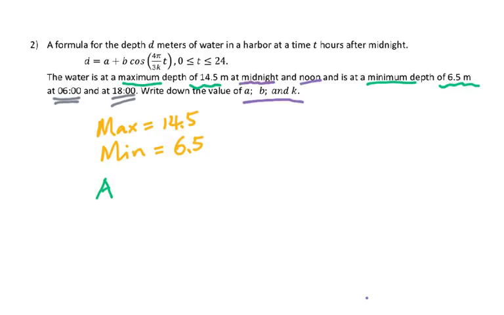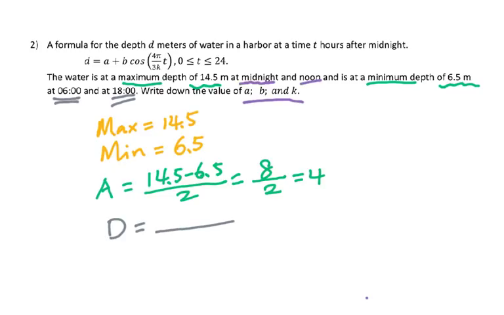Therefore, our A equals 14.5 minus 6.5 over 2. That will be 8 over 2 equals 4. Then for the D, I add 14.5 plus 6.5 over 2.